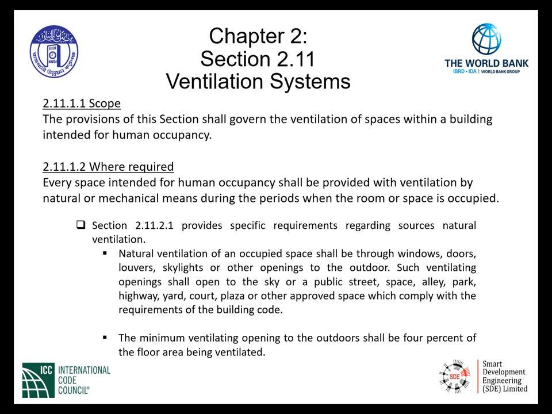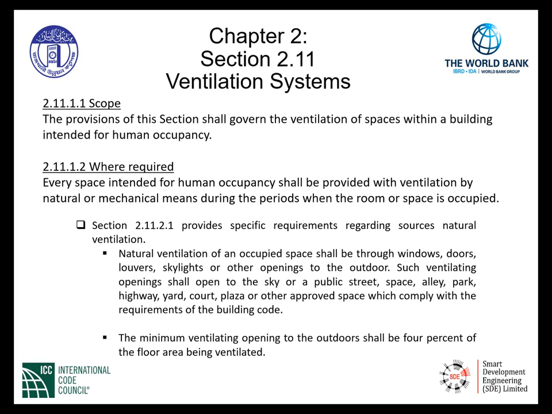Where required is given to us in section 2.11.1.2, in that every space intended for human occupancy shall be provided with ventilation by natural or mechanical means during the periods when the room or space is occupied. Now, this particular section gives the designer a choice whether to use natural or mechanical means.